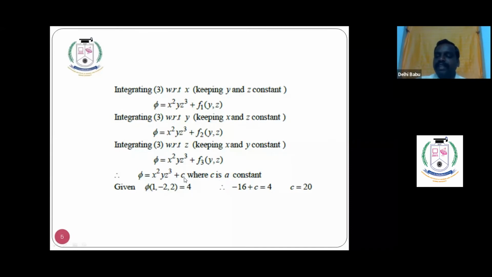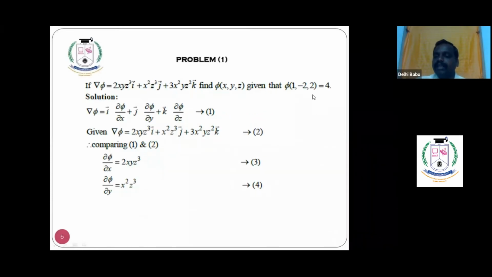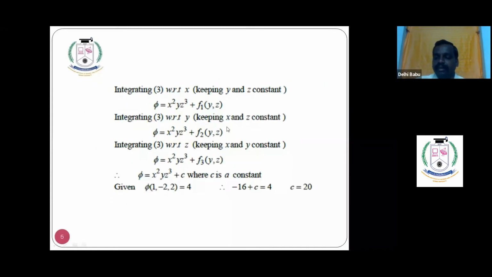My aim is to find this C with the help of the initial condition given in the problem: phi of 1 comma minus 2 comma 2 equals 4. With the help of this initial condition, I can find the C value.